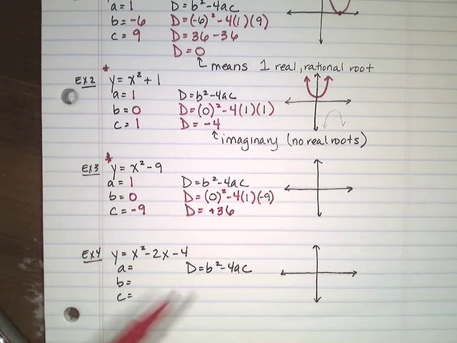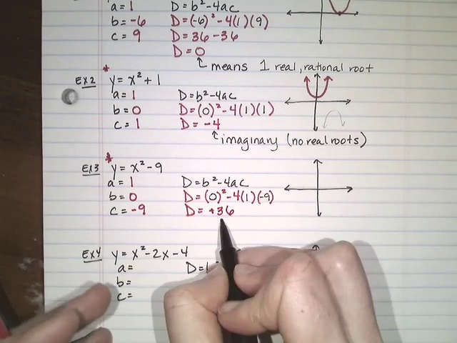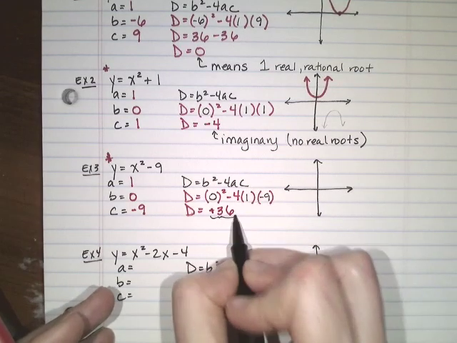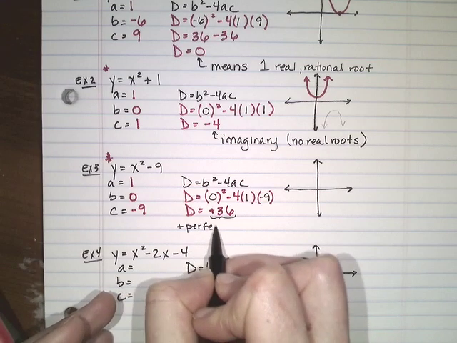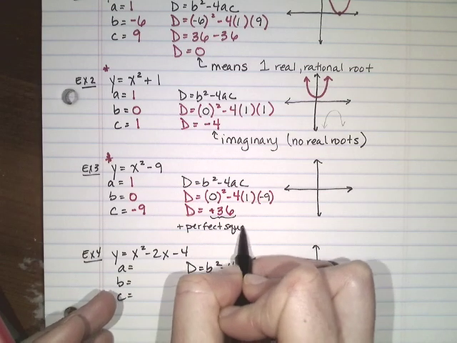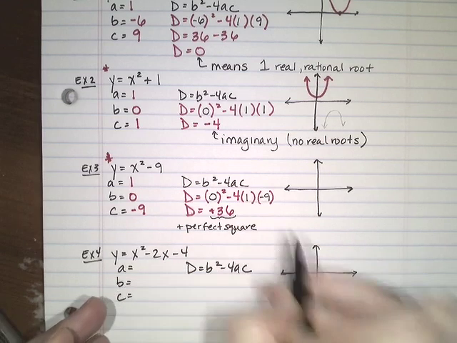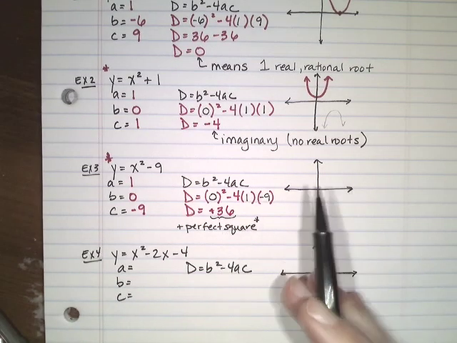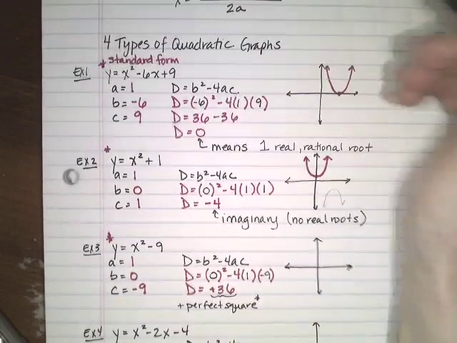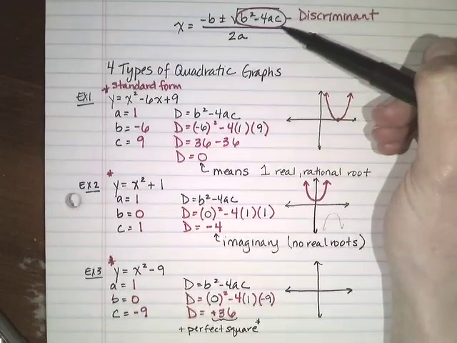Well, positive 36, that is a positive perfect square. Okay, and it's important to identify that that's a positive perfect square because think again, where does it sit in the quadratic formula? It sits underneath a square root.